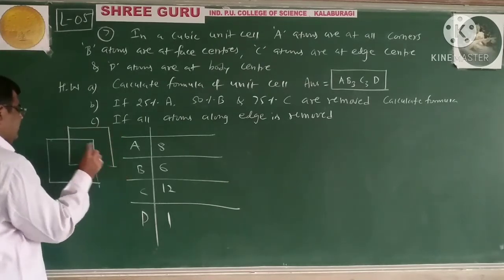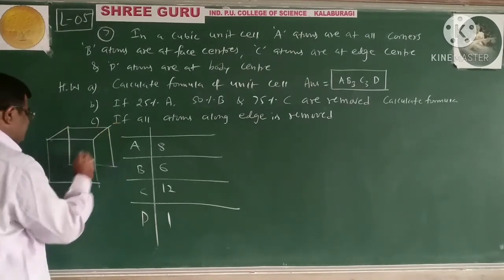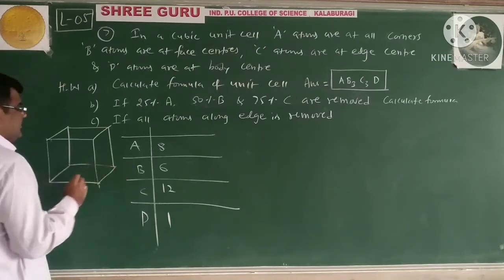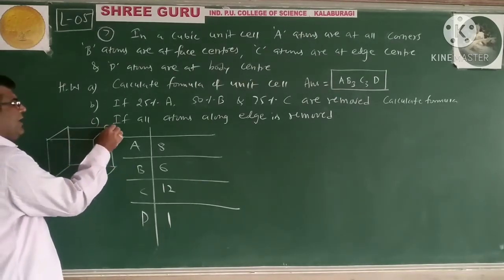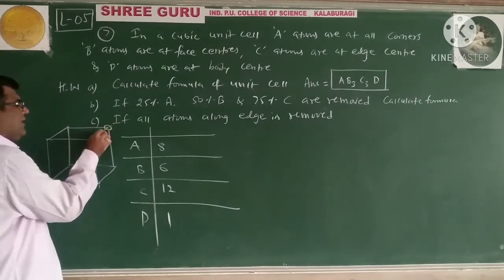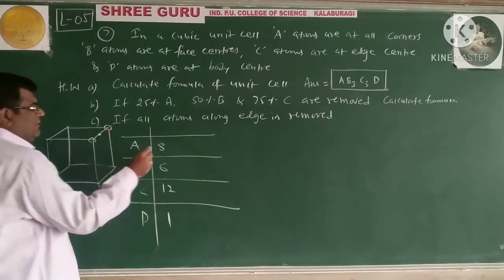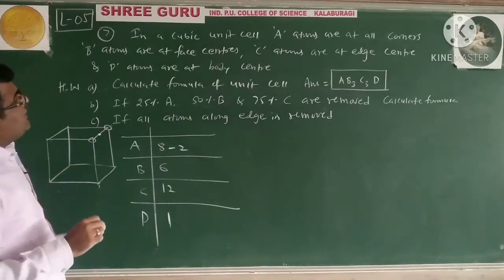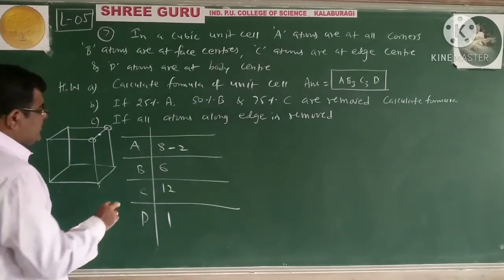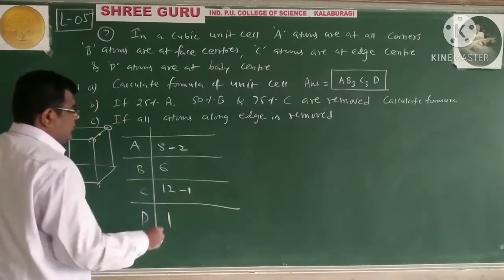Now, if all the atoms of the edge are removed, I will draw that diagram. Of course, I will draw a very small diagram, but you can understand. Along the edge has been removed. On the edge there is one atom here, and an atom there. So two corners are to be removed, and one edge center, which is C, has to be removed.